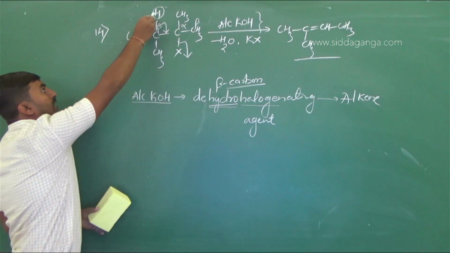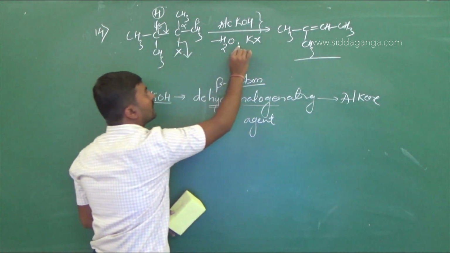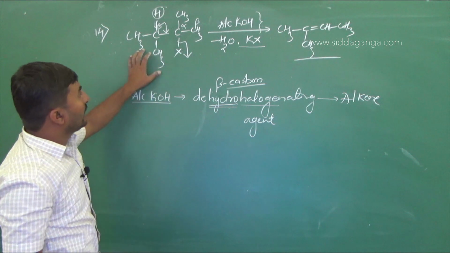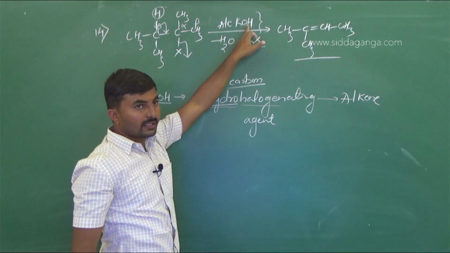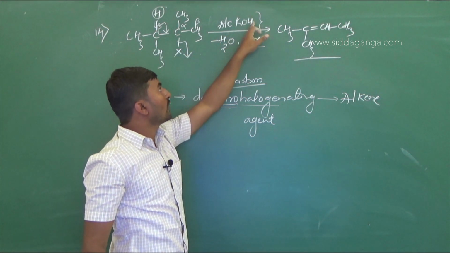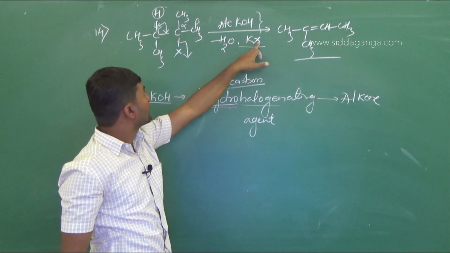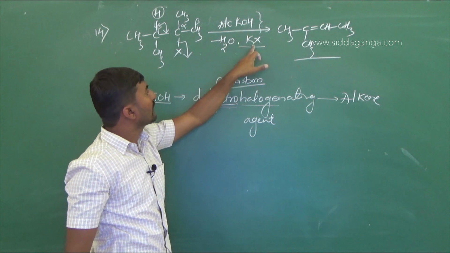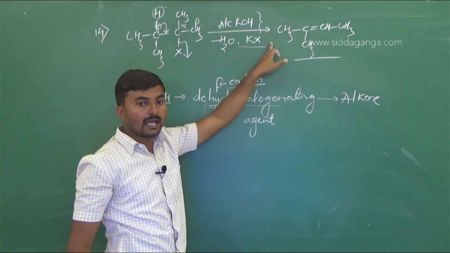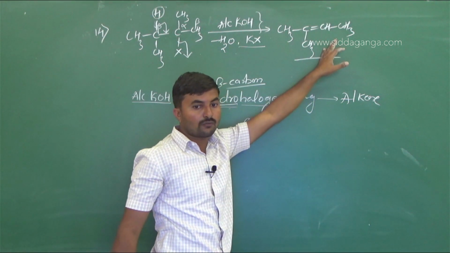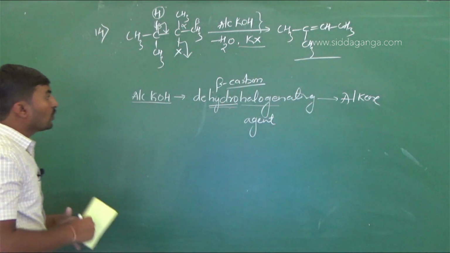So H and X leave as HX, and the alcoholic KOH base abstracts one proton, becoming H2O, followed by X along with K leaving as a potassium halide. After that it results in the formation of an alkene.